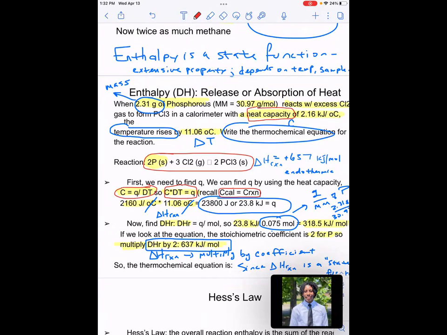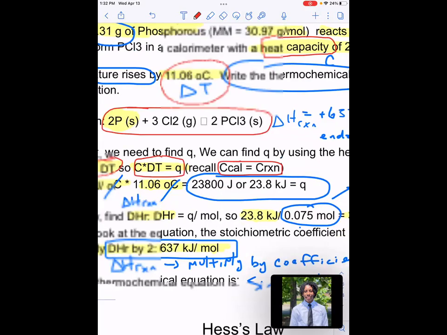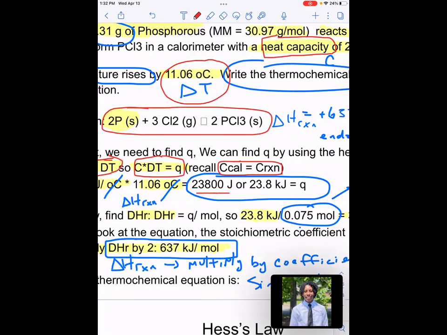So we have C, which is 2,160 joules per degree Celsius, and then times the delta T, which was given up top as 11.06 degrees Celsius. Right. So we can get that number, 23,800 joules or 23.8 kilojoules.